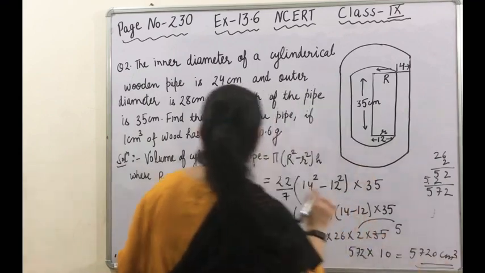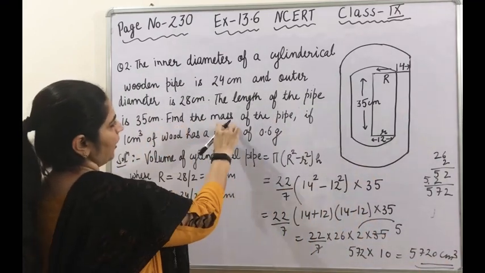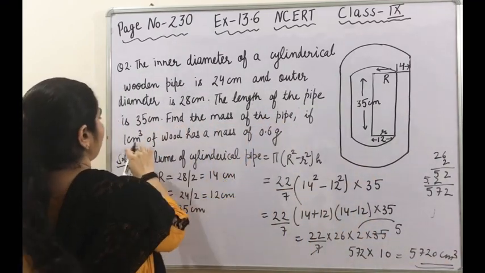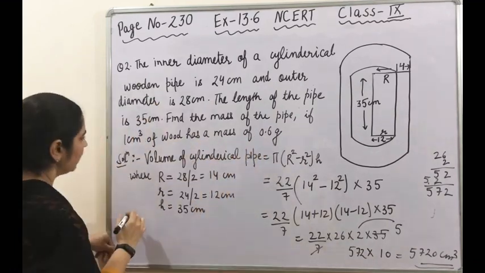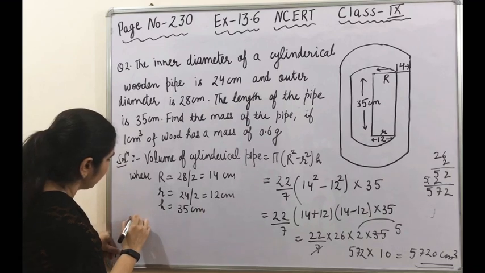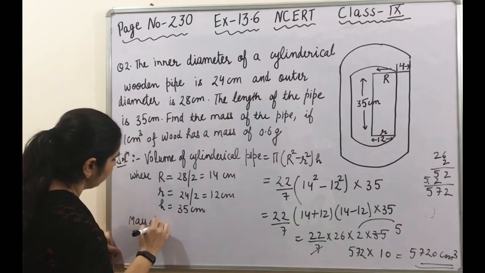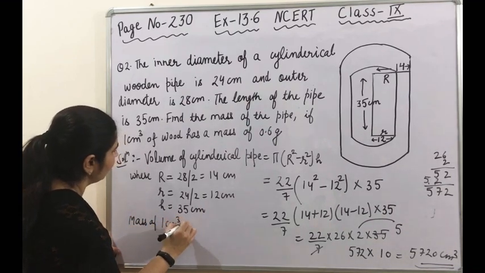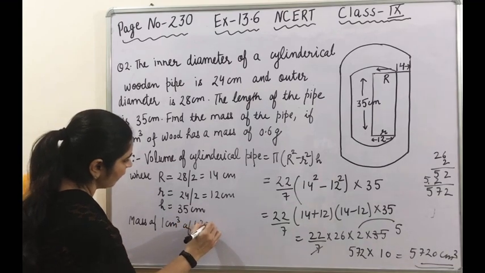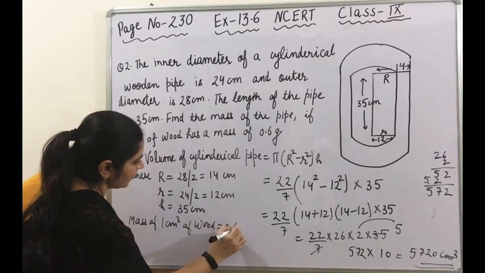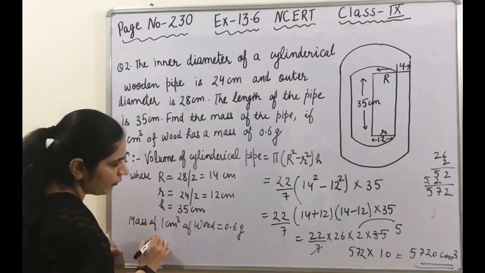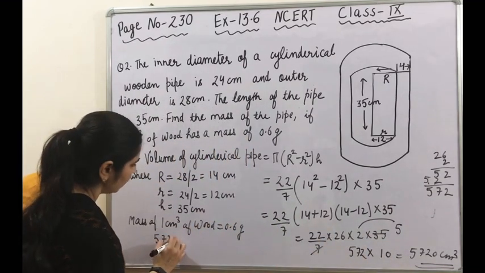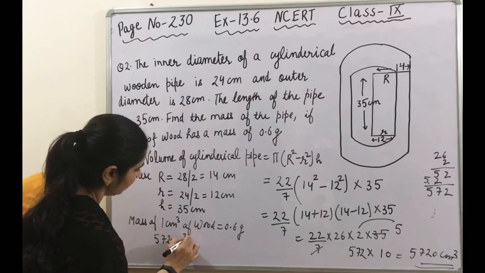And the requirement was to find out the mass of the pipe. If 1 centimeter cube of wood has mass 0.6 gram, here it is given mass of 1 centimeter cube of wood is 0.6 gram, and here wood is of 5720 centimeter cube.